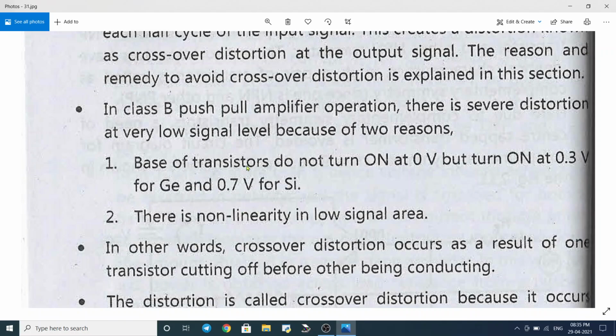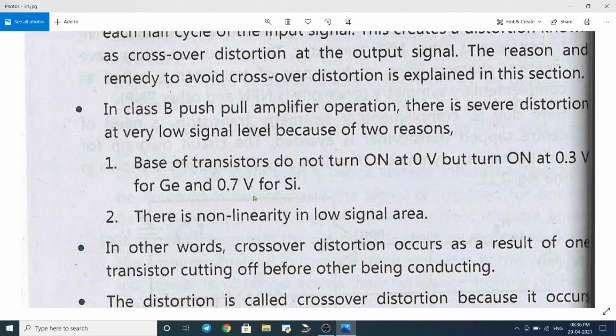The base of the transistor does not turn on at 0 volt, but it turns on at 0.3 volt for germanium and 0.7 volt for silicon. We know the theory of diode. The PN junction becomes forward biased at 0.7 volt for a silicon diode.